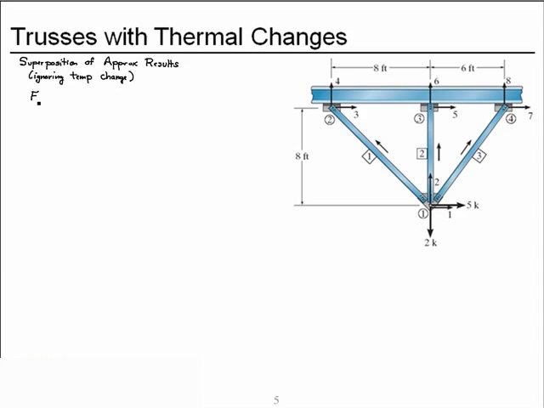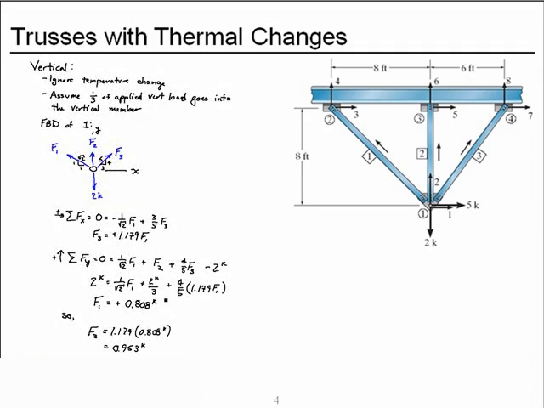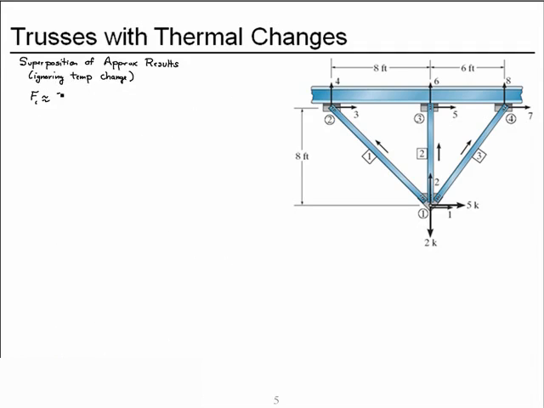We have the force in member 1 will equal approximately 3.54 kips plus 0.808 kips, which gives us 4.35 kips in tension.